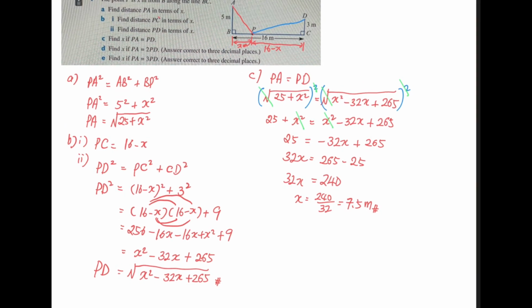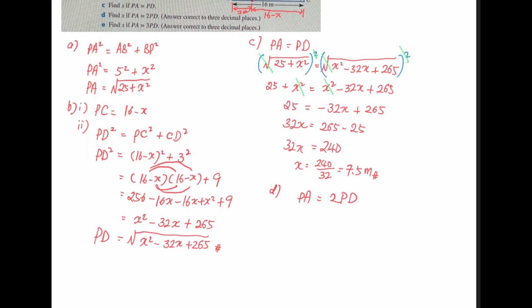Now for D, PA equal to 2PD. Answer correct to 3 decimal places. Okay, so let's solve this. Question D. PA equal to 2PD.